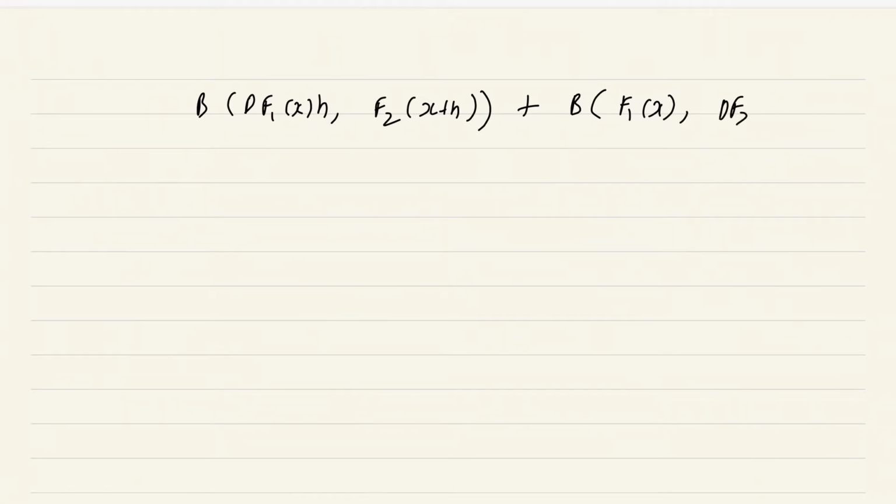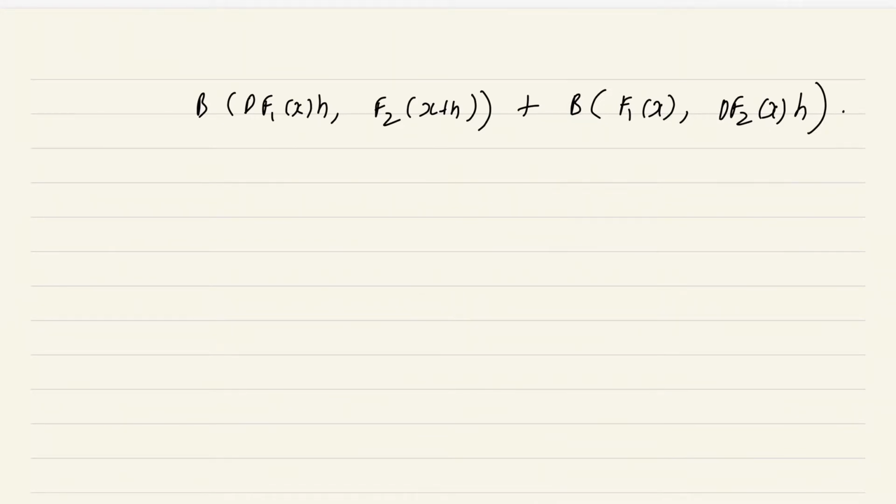So let's apply the definition of the derivative to both f1 and f2, and we immediately see that we get B of d f1 x h comma f2 of x plus h plus B of f1 x comma d f2 of x h.